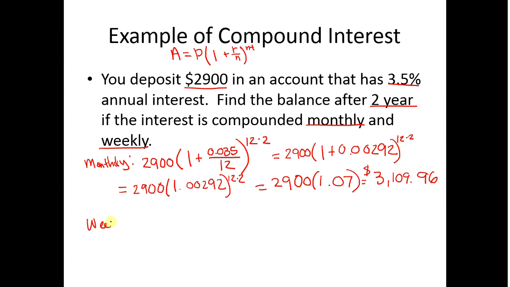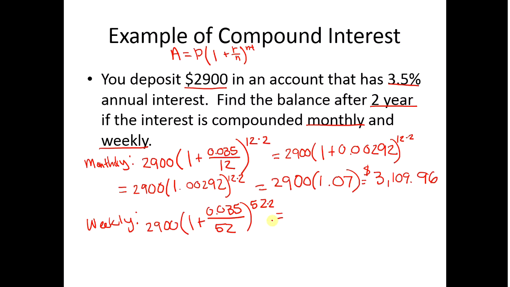What about weekly? So I have $2,900 yet. 1 plus 0.035, because that's still my interest rate. But my N is going to change because I'm compounding weekly now. So 52 would be my N, and I have 52 times 2 up there.